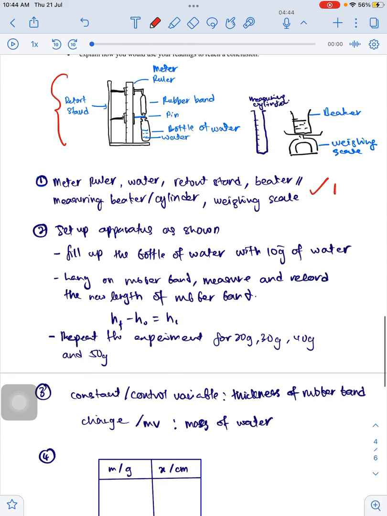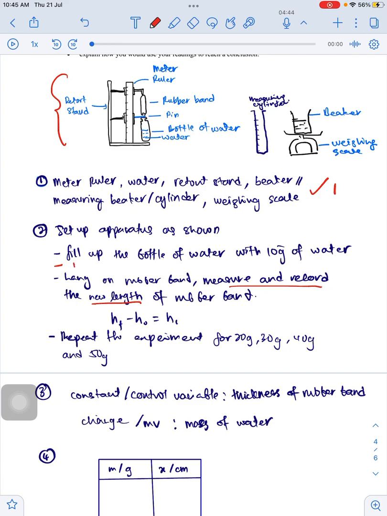So we look at the answer. Hang on rubber band, measure and record the new length of the rubber band. This is mark 2. But at this point, she lost another 1 point.